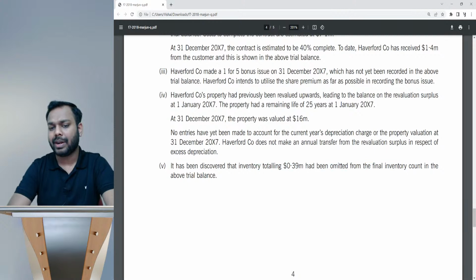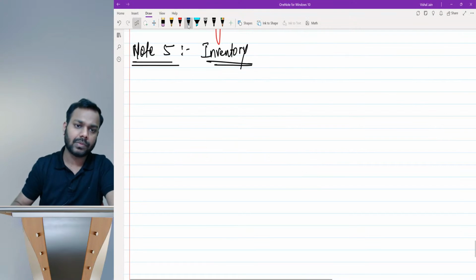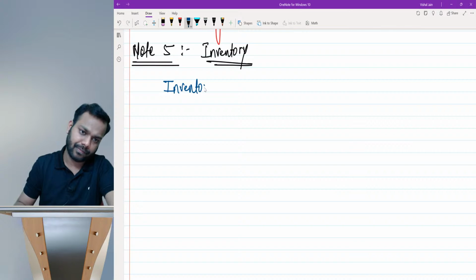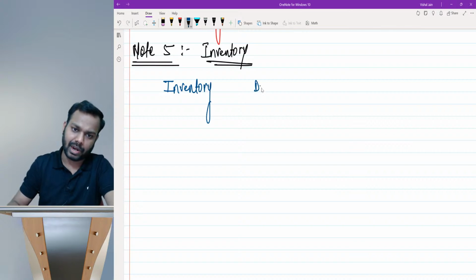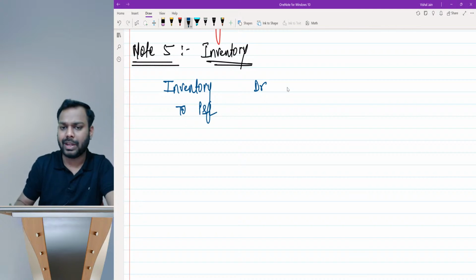Basically, it says that the inventory of 0.39 million exists but is not recorded. So let's record that. The entry will be inventory account debit, to P&L, of how much amount? $0.39 million means 390.